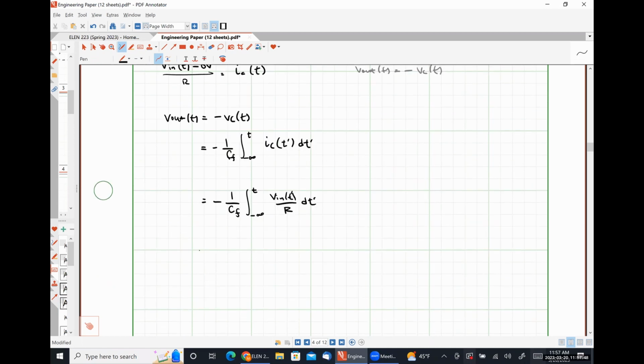I'm going to pull my R out so that I have negative 1 over R CF times the integral from negative infinity to T of Vn of T prime dt prime. There we go.